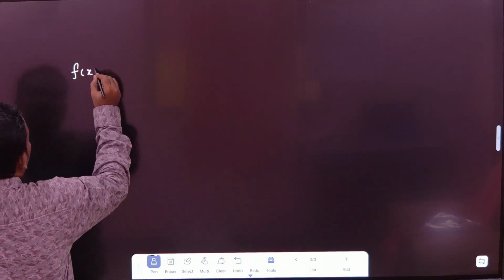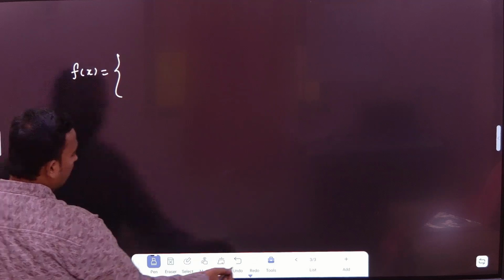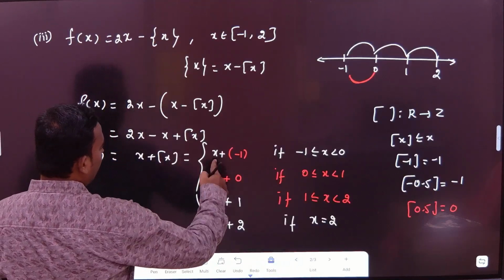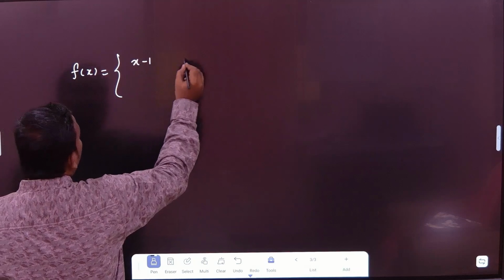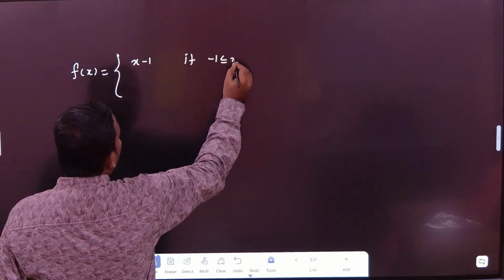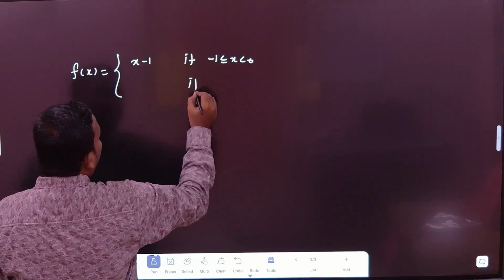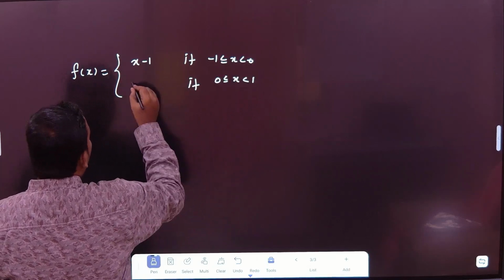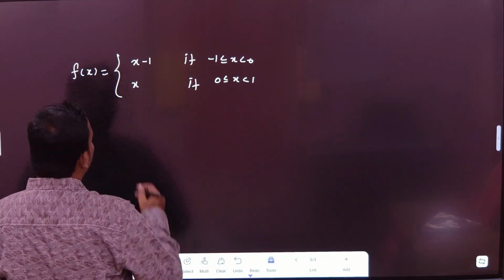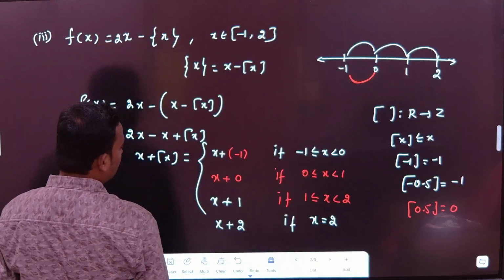F of x equal to x minus 1 if x is minus 1 to 0. If x is 0 to 1, the greatest integer function is 0, therefore x. Clear?